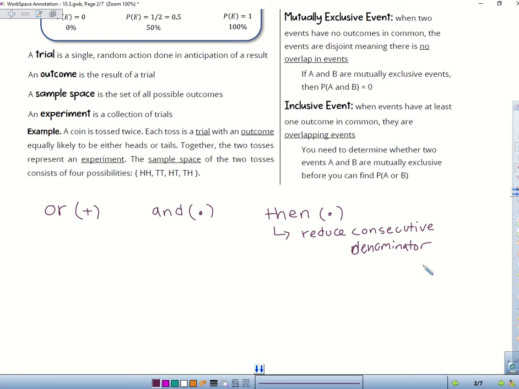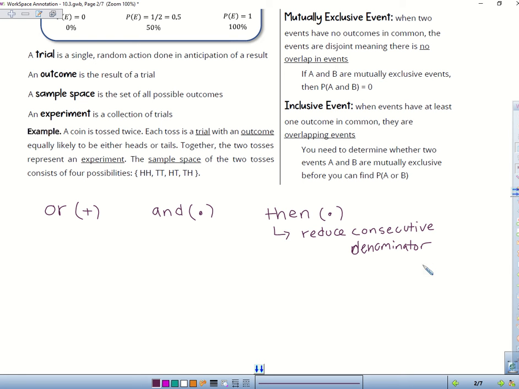Now, while you write that down, I'm just going to talk a little bit about the difference between mutually exclusive and inclusive. So mutually exclusive events are 2 events that don't affect each other at all. That's like me flipping a coin and rolling a die. The chances of those 2 things have no overlap.